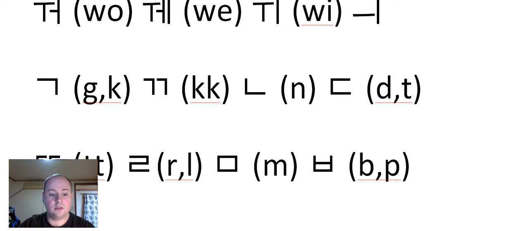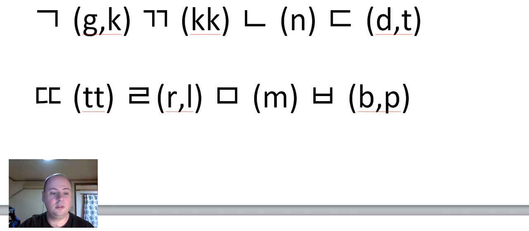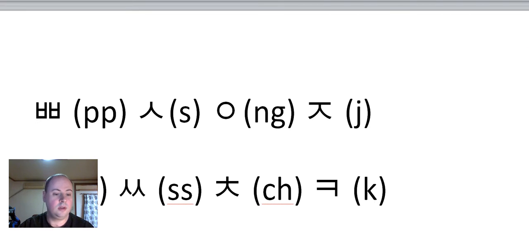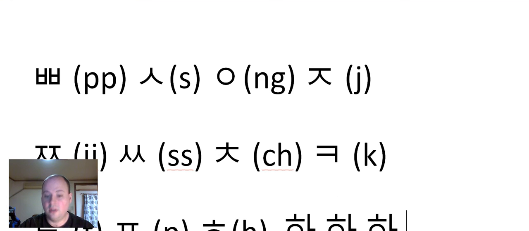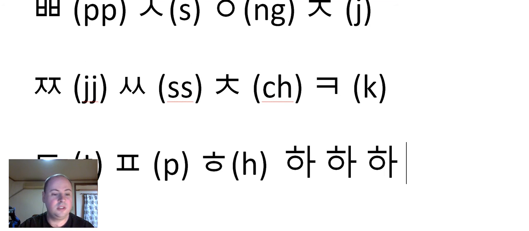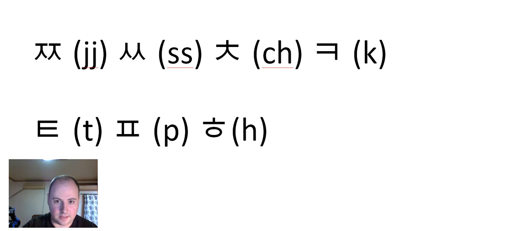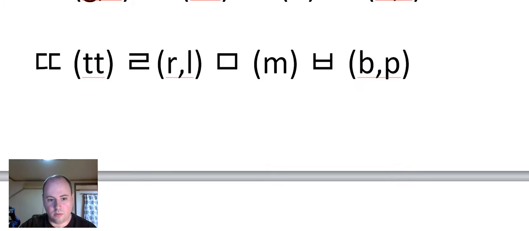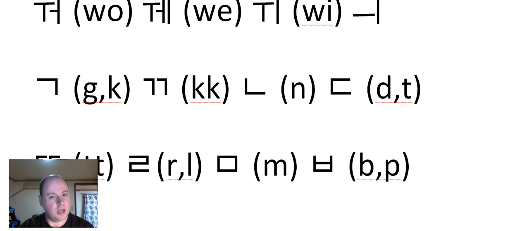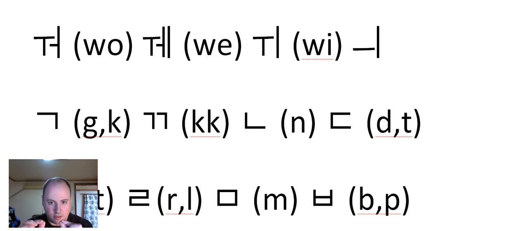Now the consonants: g, k, n, d, t, r, m, b, p, s, n, j, s, ch, k, t, p, ha. And that's it. Now, I think the real difficulty comes in how similar different characters can be in terms of their sound.